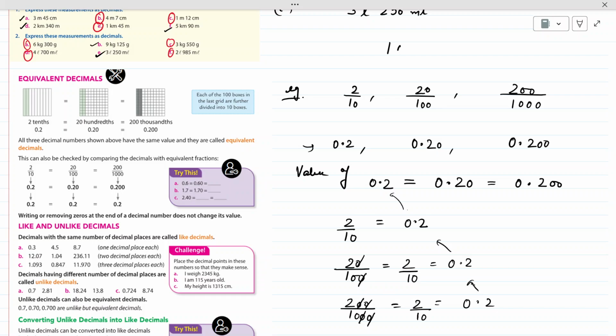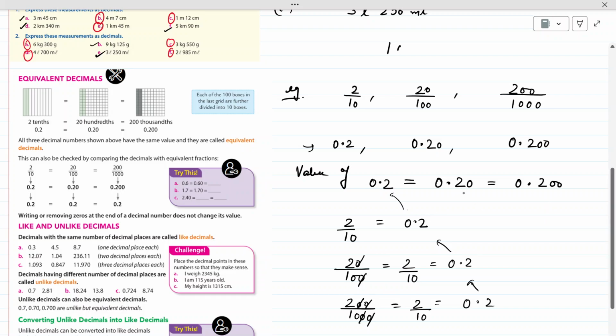Right? So what we see here is that 0.2 is equivalent to 0.20, and this is also equivalent to 0.200. Using this, we can also say that writing or removing the zeros at the end of a decimal number doesn't change its value.